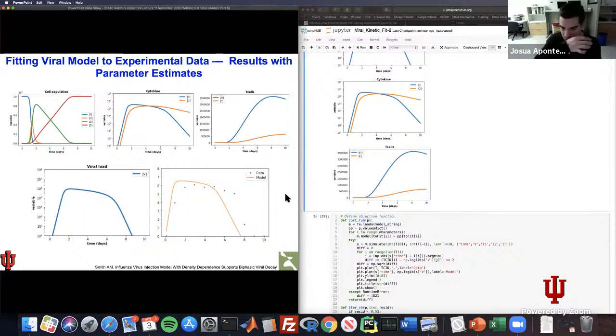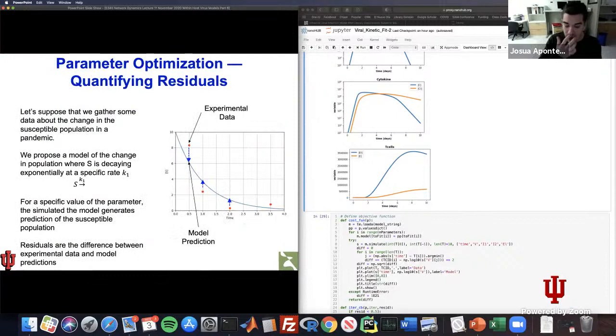And just as a refresher, I included some of the slides from the section where we did this already, right? The idea is that we need to be able to fit the model to the data. We need to be able to quantify what is called the residuals. The residuals is just the difference between your model and the data.